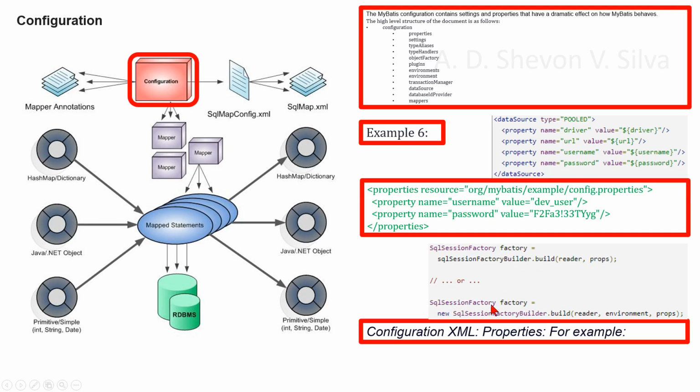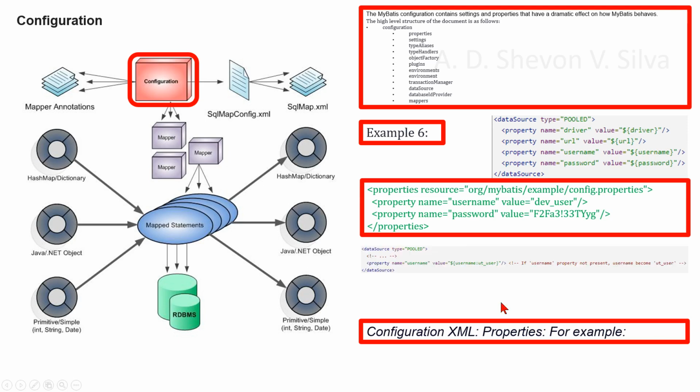Since MyBatis 3.4.2, you can specify a default value placeholder as follows. This switch is disabled by default.